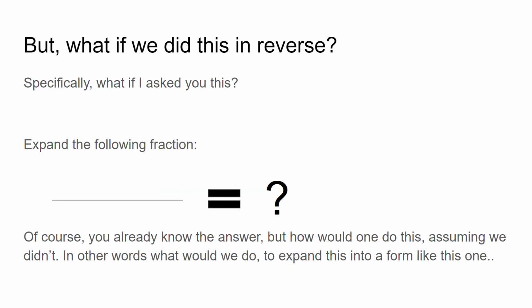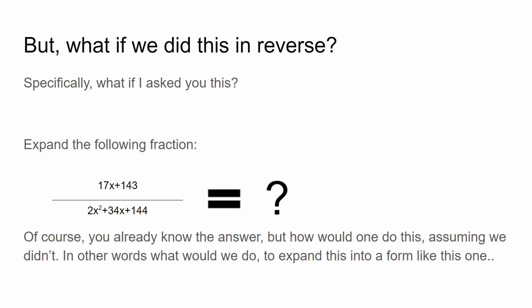So, what if we did this in reverse? What if I asked you, expand this following fraction, and you already know the answer because it was just in the previous slide. It's the same example that I gave you earlier. But how would you show the work for it? You know what the answer is, but that's not the point.